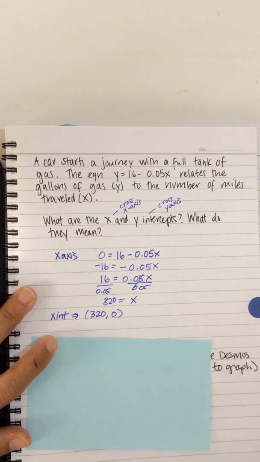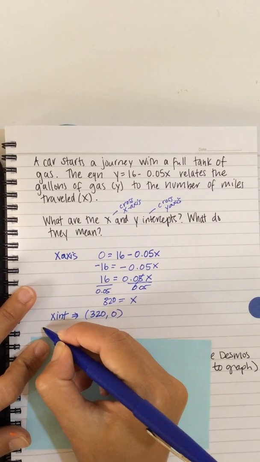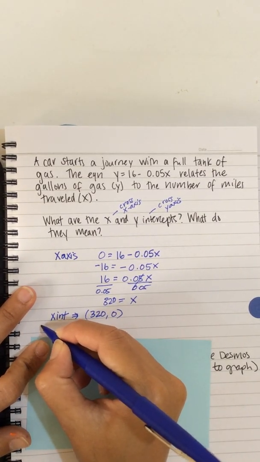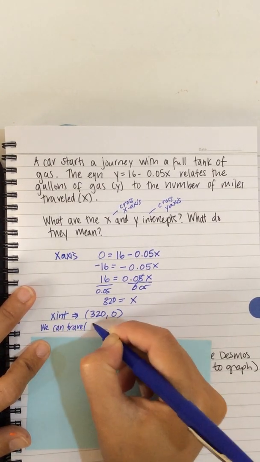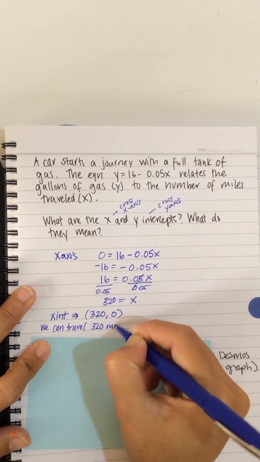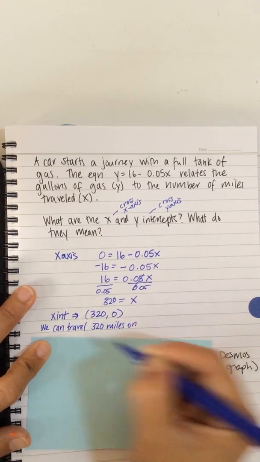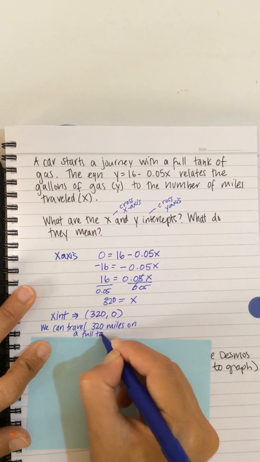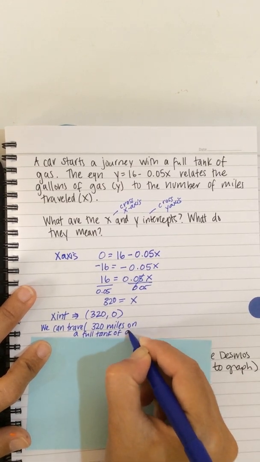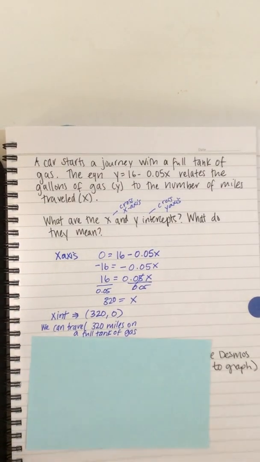It's kind of like the gas remaining. So we can travel 320 miles on a full tank of gas. That's what the x-intercept means.